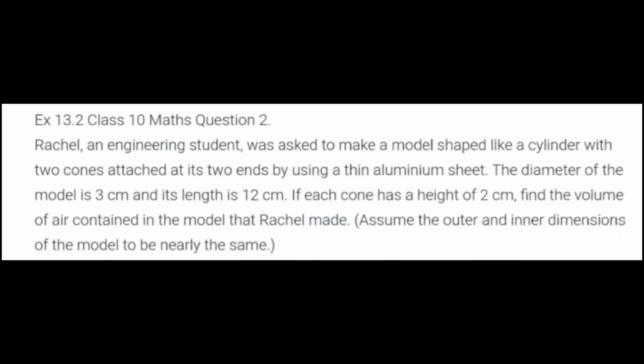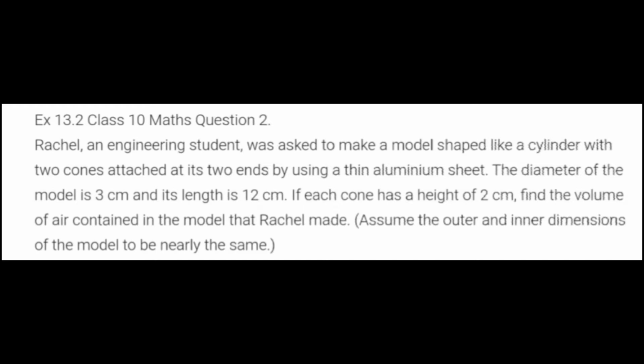Question number 2 of exercise 13.2. Russell, an engineering student, was asked to make a model shaped like a cylinder with two cones attached at both ends by using a thin aluminum sheet.